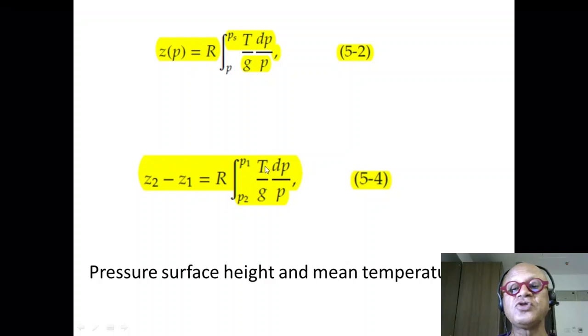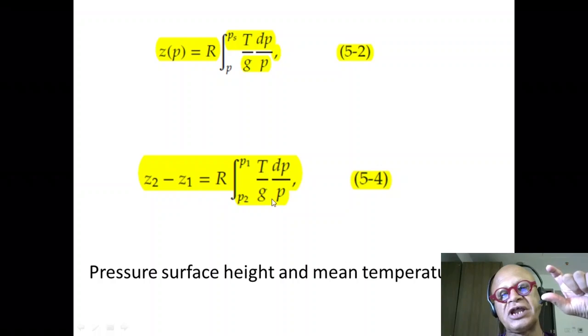That's going to be T over G, dP over P, because you are remaining within a small band, so you can use average temperature and integrate from P2 to P1. Remember this is reversed to remove the negative sign.